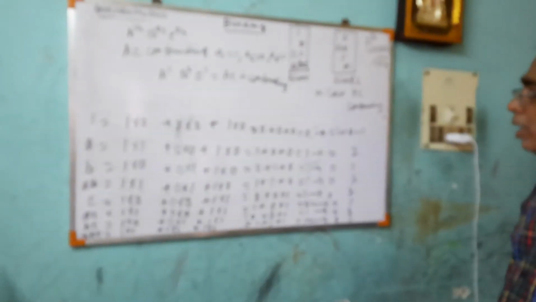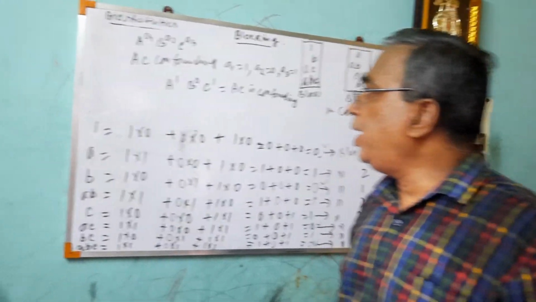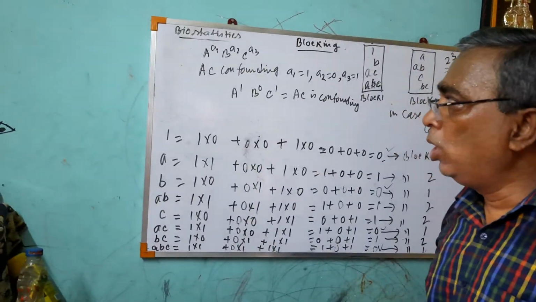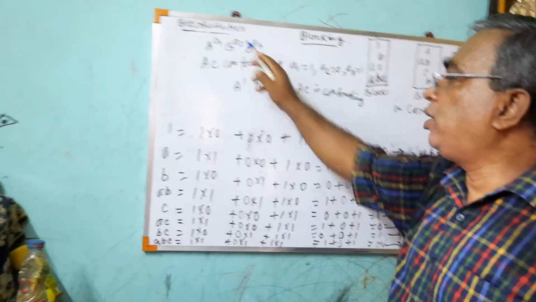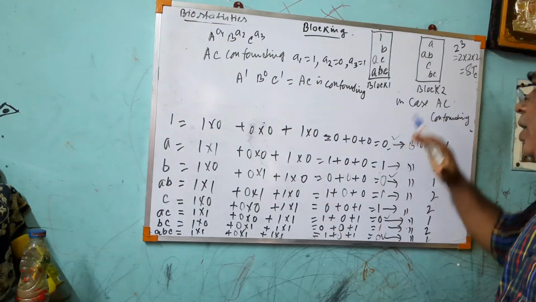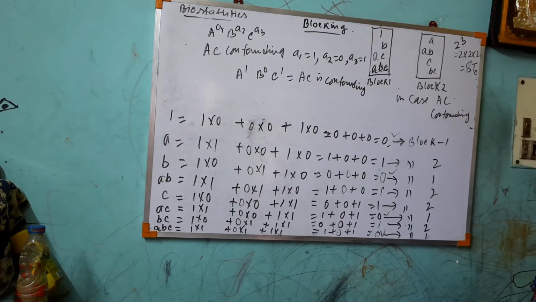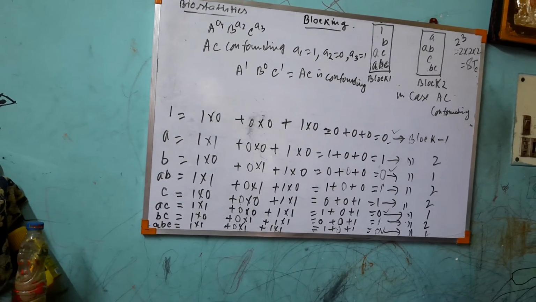By this way you can confound, suppose BC, you can confound only A. In case of A, when A is confounded, then you put a2 0, a3 0. When B is confounded, you put a1 0, a3 0. So this way, we have to arrange all these treatment combinations in different confounding ways.